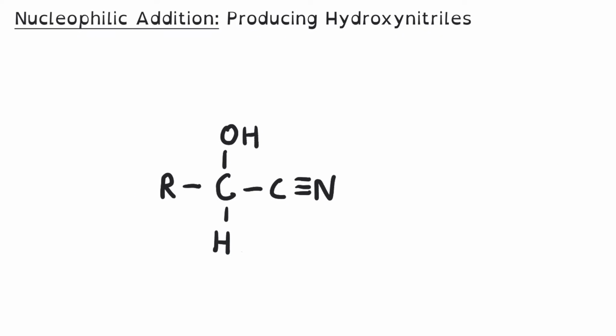The nucleophilic addition mechanism can be used to produce hydroxynitriles. And hydroxynitriles are a family of organic chemicals that have got 2 distinct functional groups. First of all, we've got the nitrile functional group. And within the hydroxynitrile, the nitrile has got the highest priority because of that triple bond between the carbon and the nitrogen.